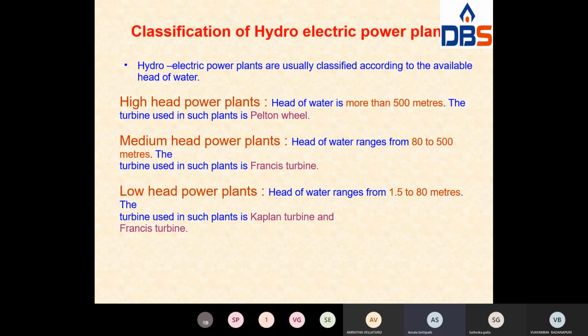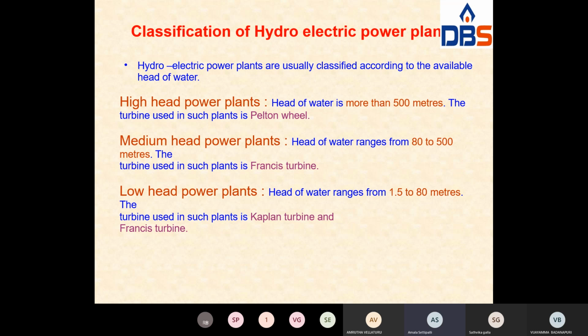High head power plants are those where the head of the water is more than 500 meters. The turbine used in such plants is the Pelton wheel.